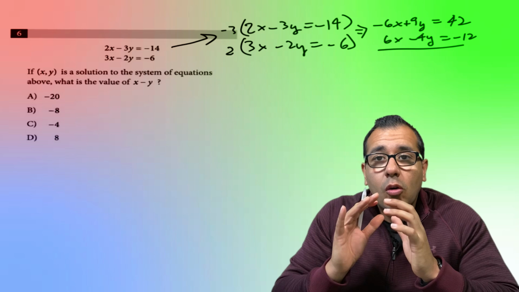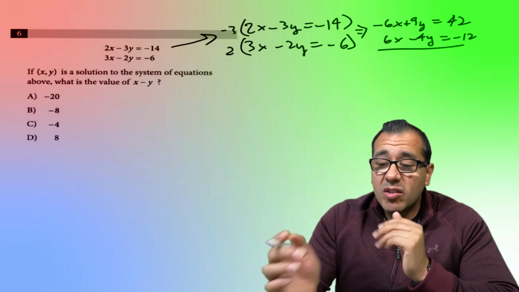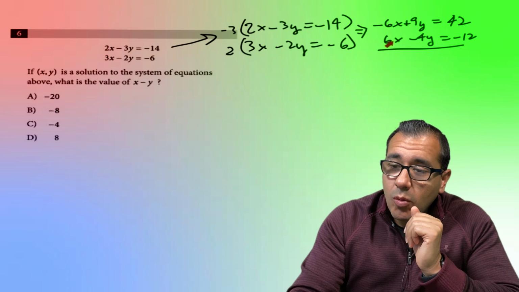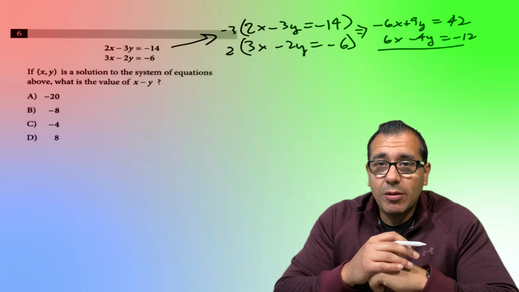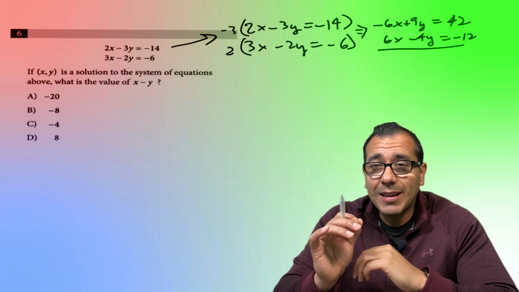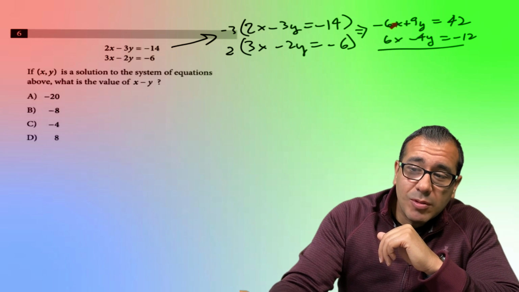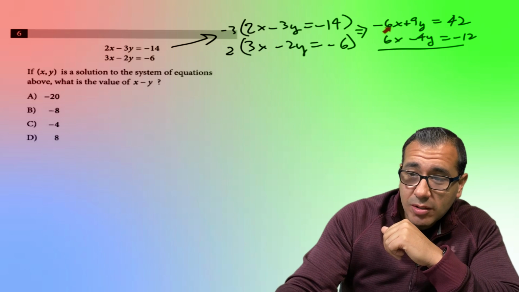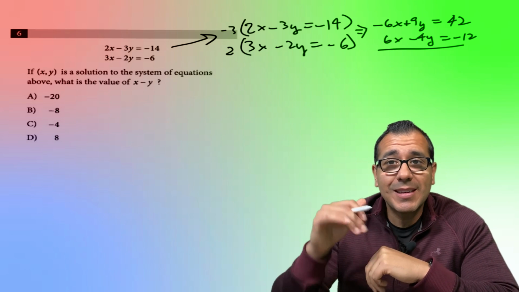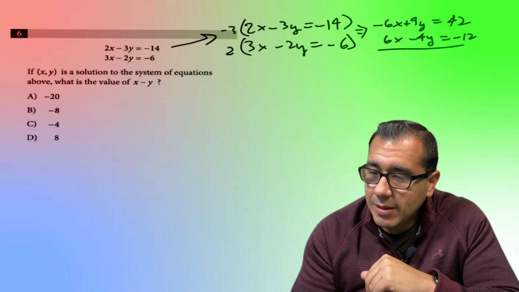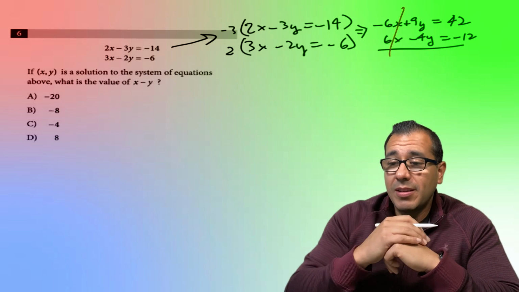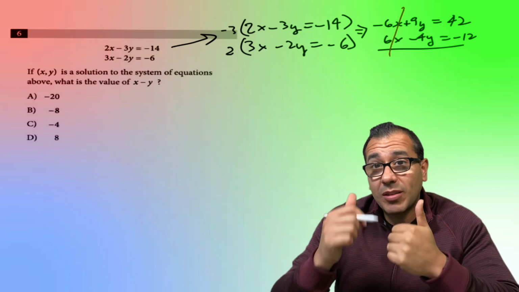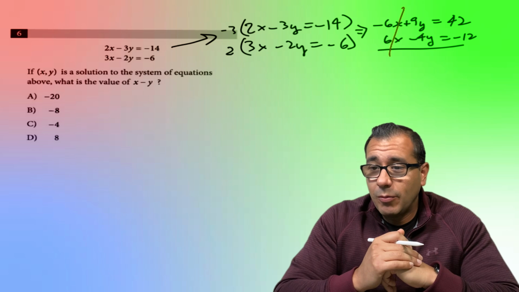The whole point is when we add these two equations, we want either the x's or the y's to eliminate one another. In this case, we said we're gonna eliminate the x's, and that's exactly what happens when I add the equations. Those x's cancel each other out. So that's how you know we did things properly.